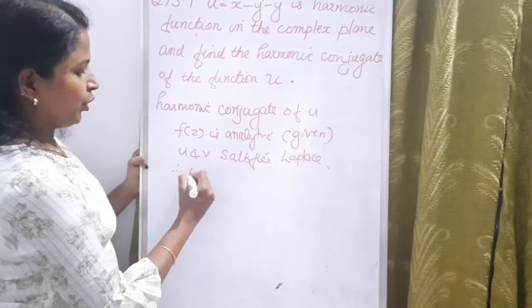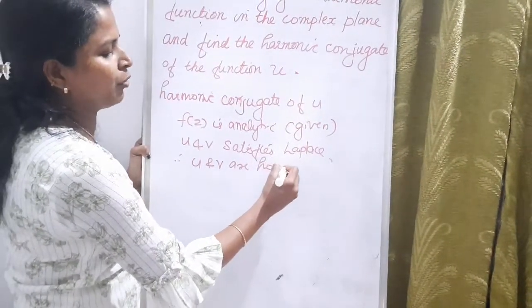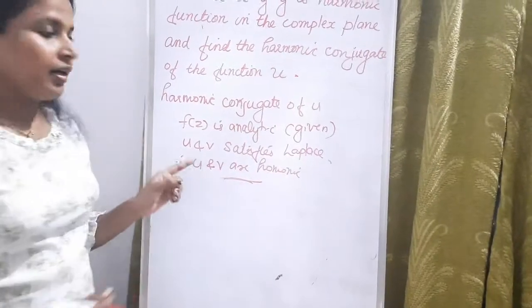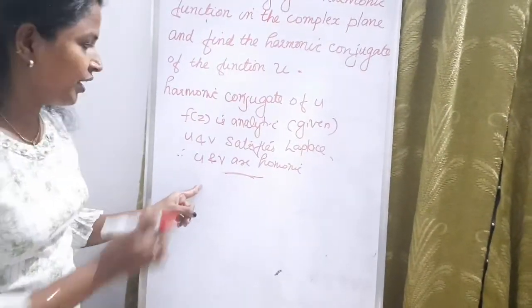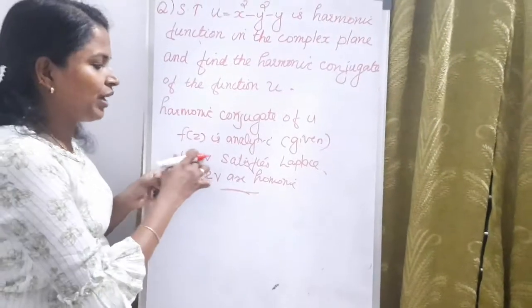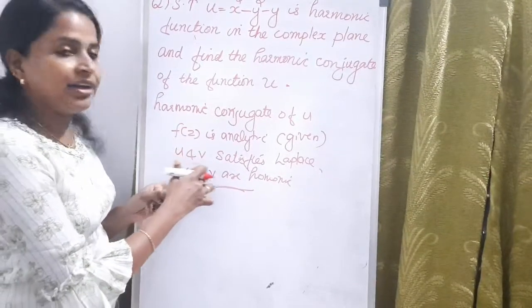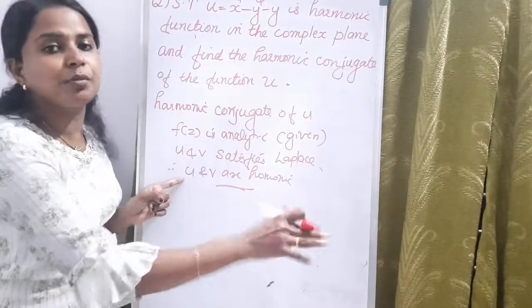Therefore, u and v are harmonic. In the definition, f of z is analytic, that is given, and u and v satisfy the Laplace equation. Then u and v are said to be harmonic functions.